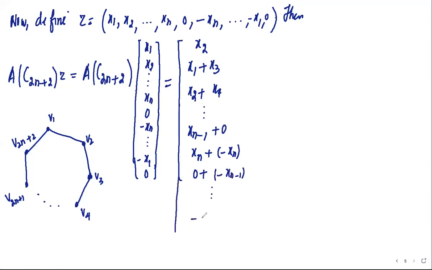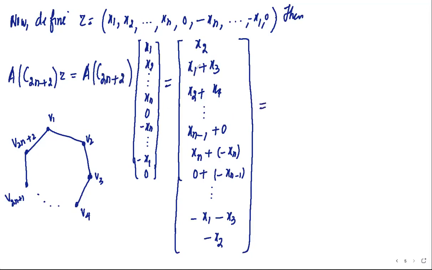And the last entry will be minus x1 minus x3, and then the last entry will be x2. So this is the column vector that we obtain when we multiply the adjacency matrix of C2n plus 2 with this column vector.